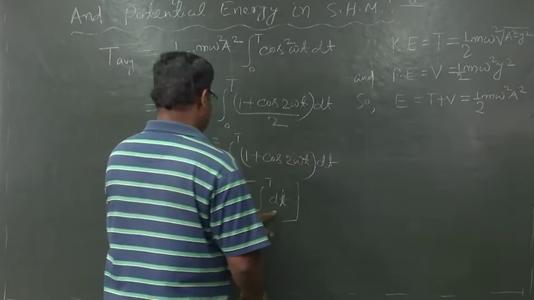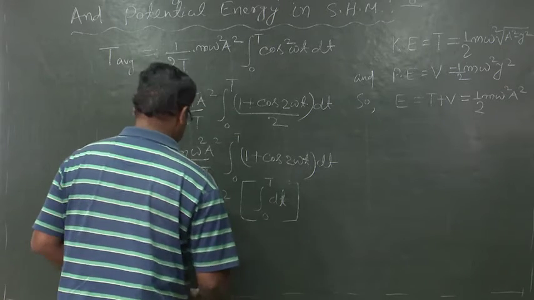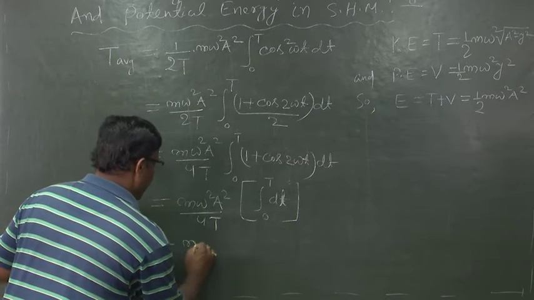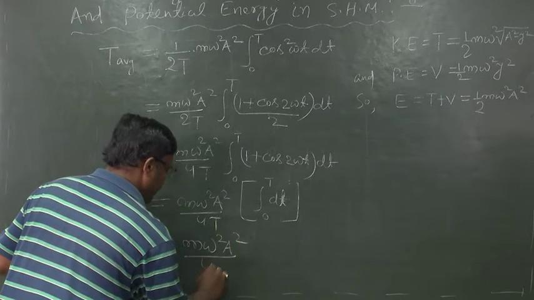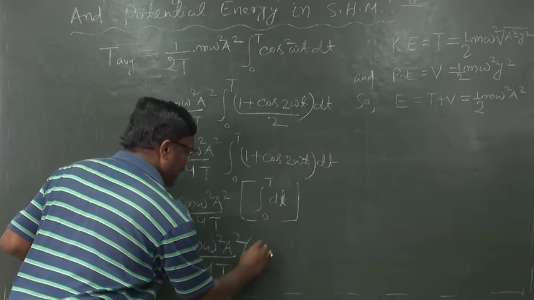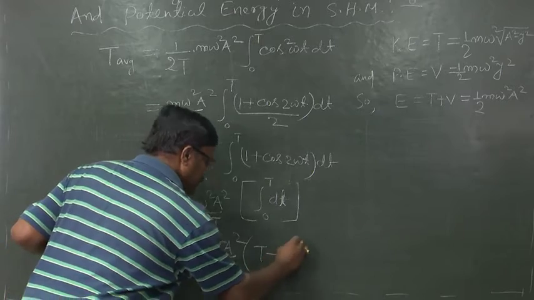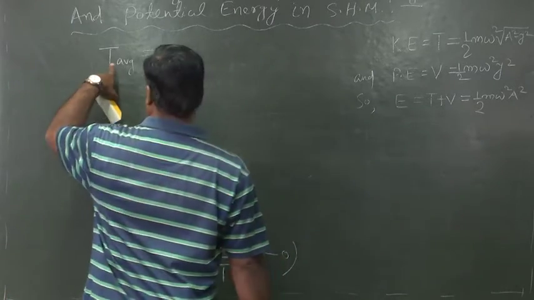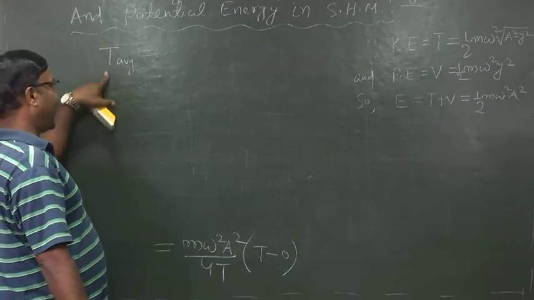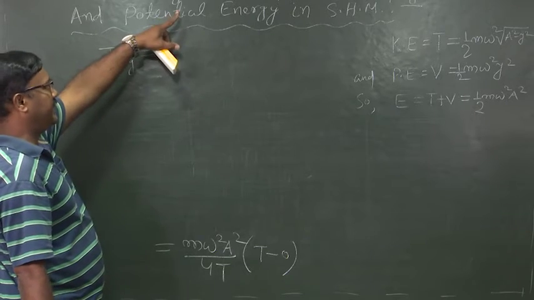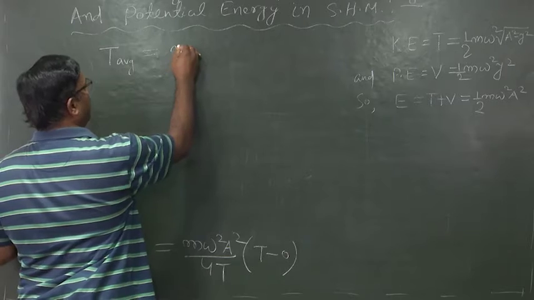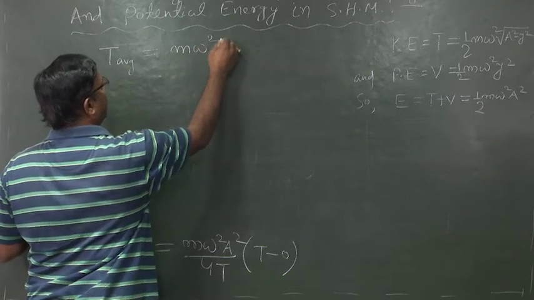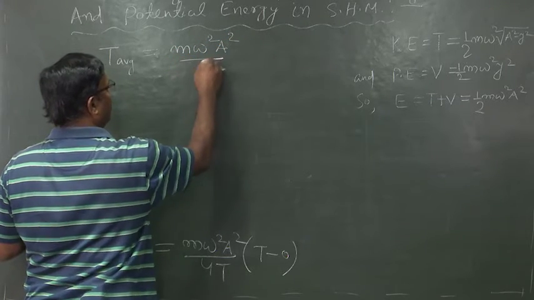Now, I can write here m omega square a square by 4T, within bracket it will be T minus 0. Hence, the time average value of kinetic energy now becomes m omega square a square by 4.